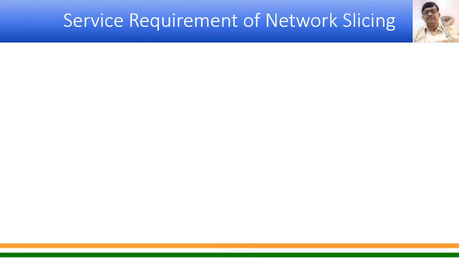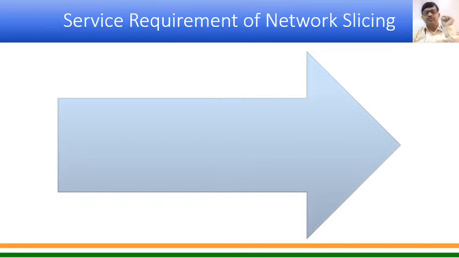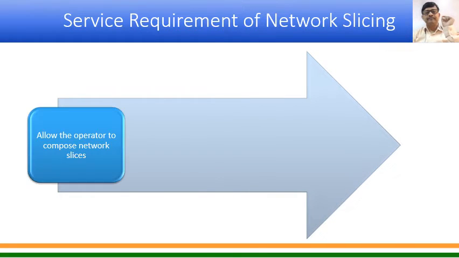Okay, let us first look at the service requirements of network slicing. So what are those service requirements? The first service requirement is that operators should be able to compose network slices from the common infrastructure of the network which they may have.